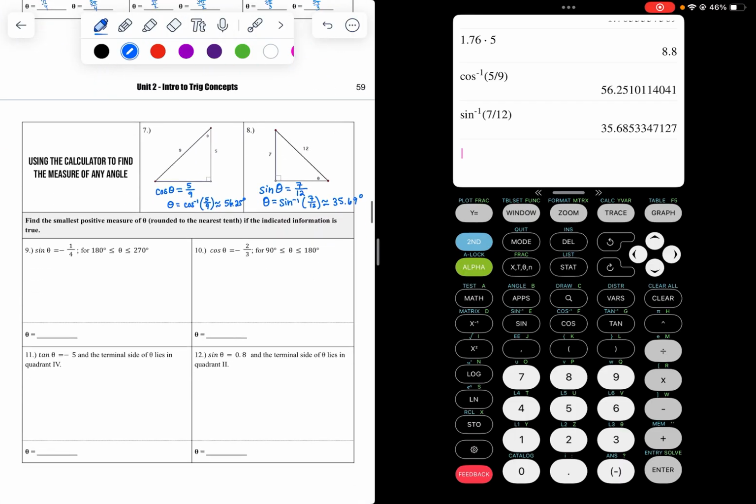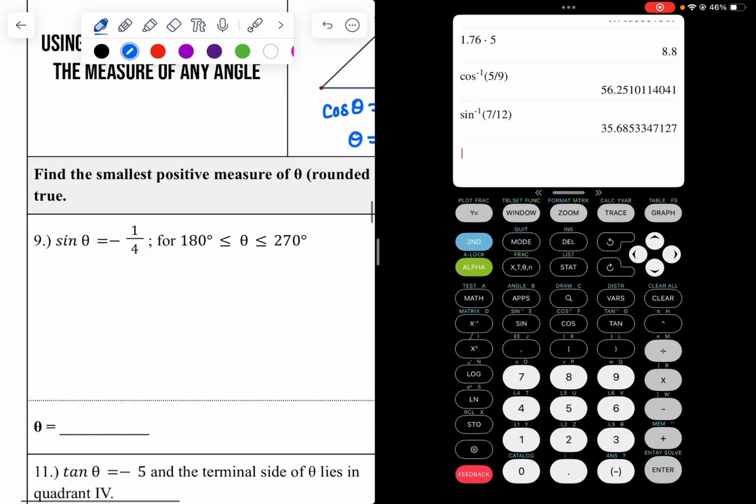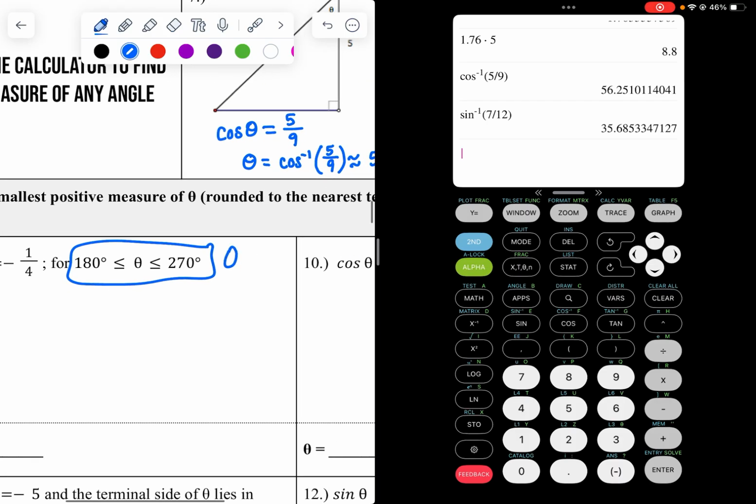All right, next section says find the smallest positive measure of theta rounded to the nearest tenth if the indicated information is true. So we've got the sine of theta equals -1/4. And so if we think about where sine is negative, and this information here, it tells us we are in quadrant 3.